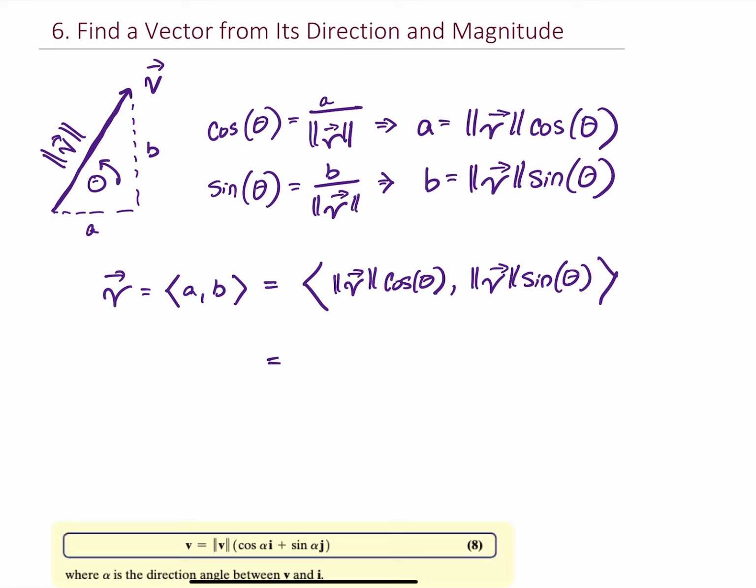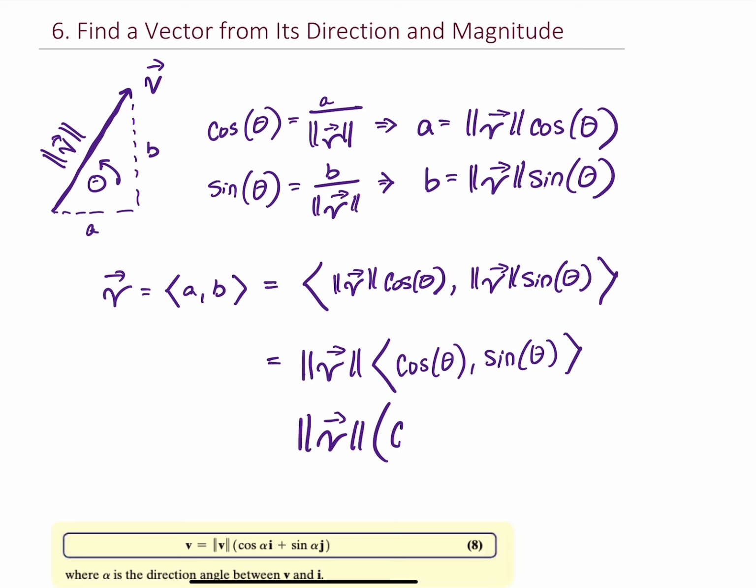So we could say magnitude of v times cosine theta, comma sine theta. Or in i and j format, we can say magnitude v times the cosine of theta times unit vector i plus the sine of theta times unit vector j.